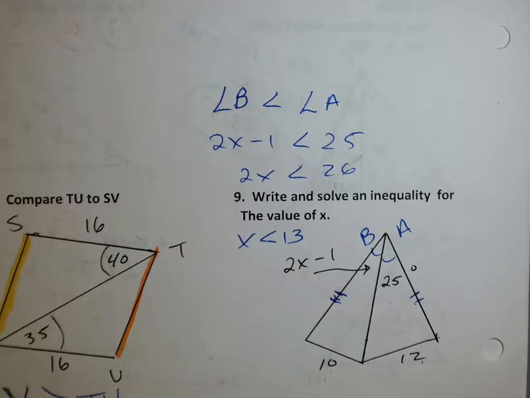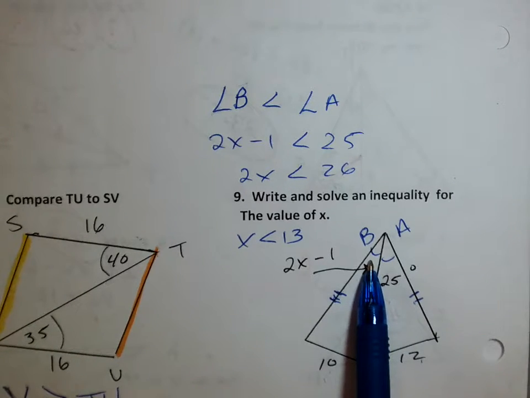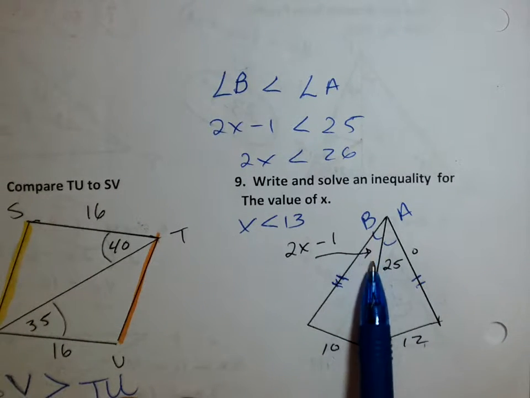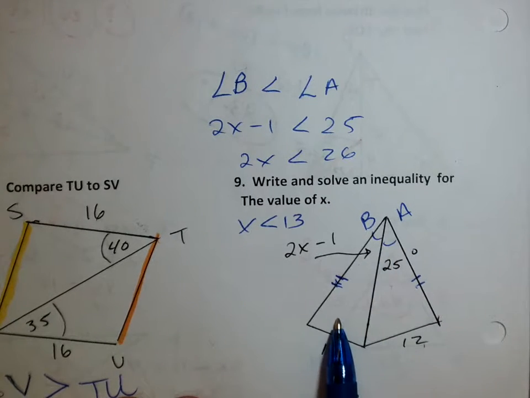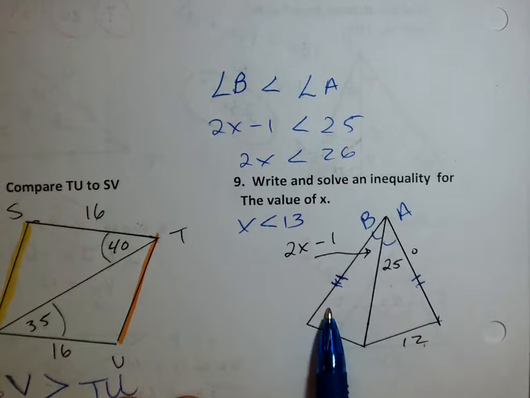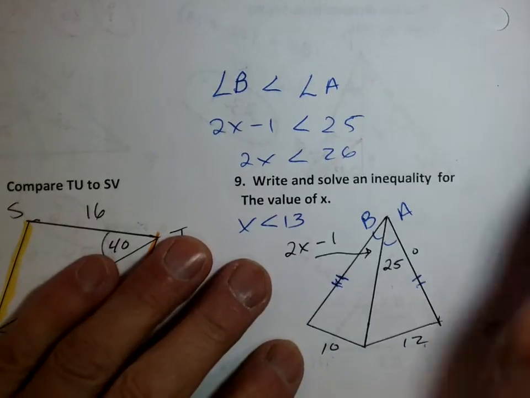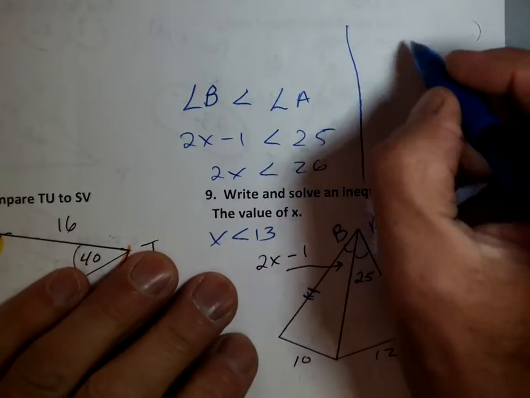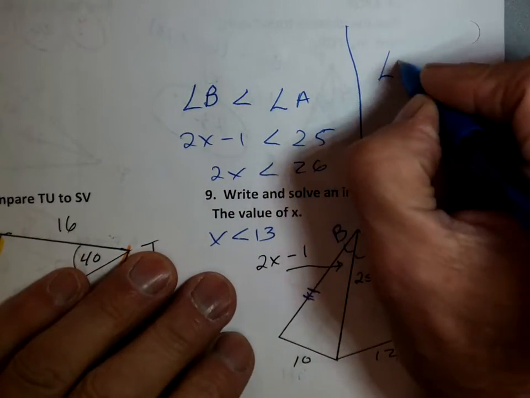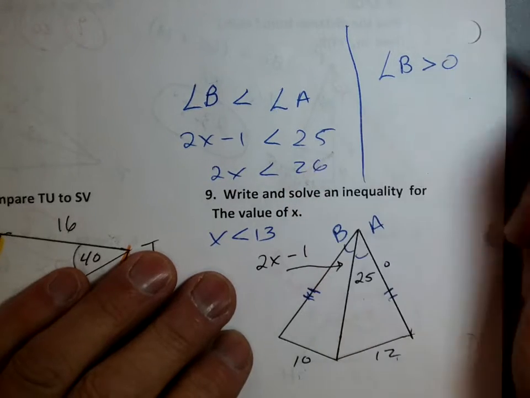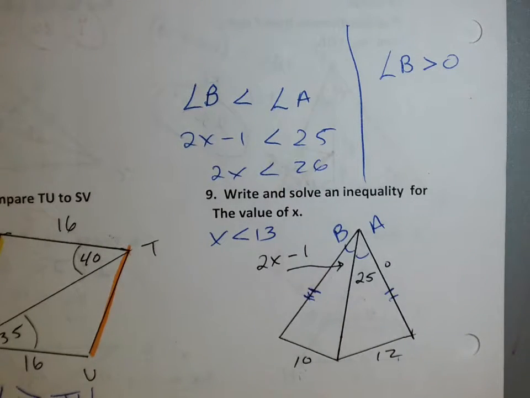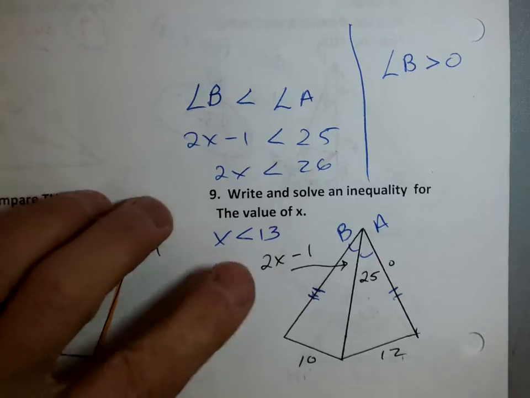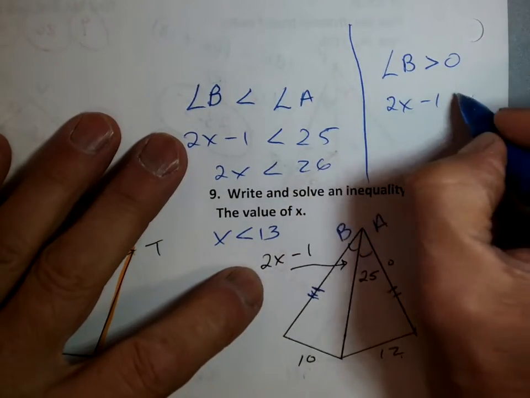But don't forget, there's another piece to this. This angle can't be 0, because if angle B is 0, you have no angle, which means you have no triangle. So we also have to say that angle B has to be greater than 0. So let's take our 2x minus 1 and make sure it's greater than 0.